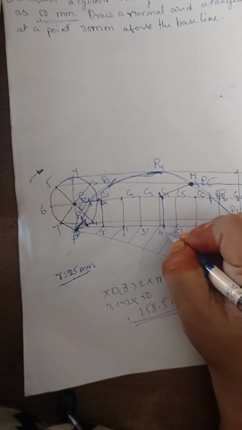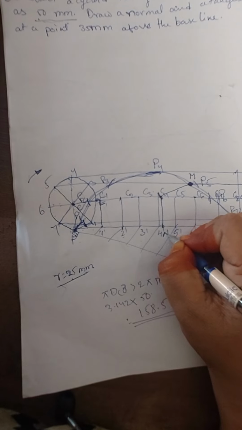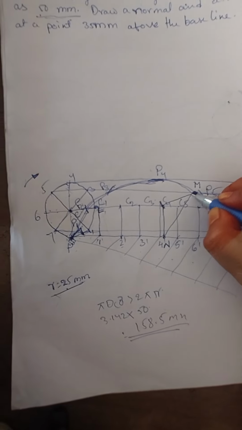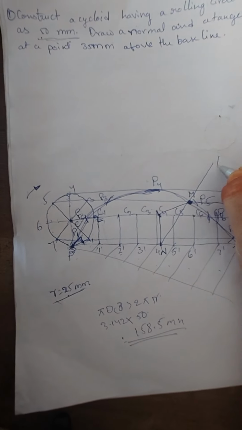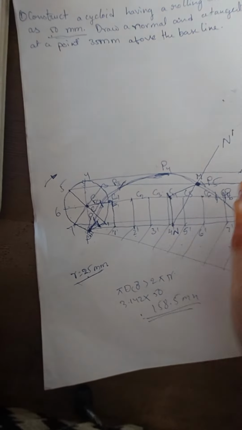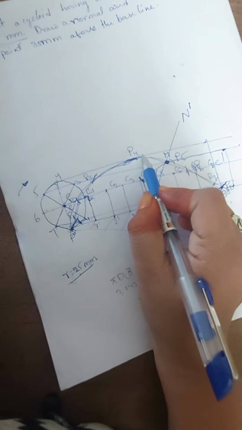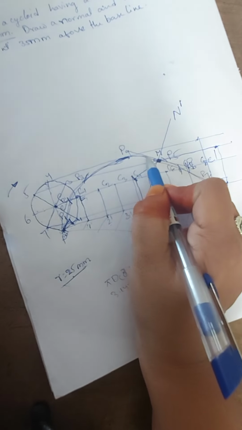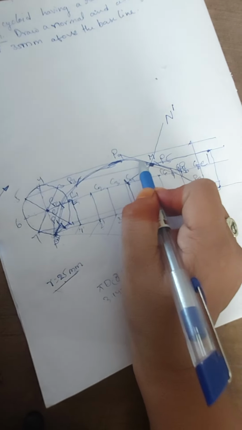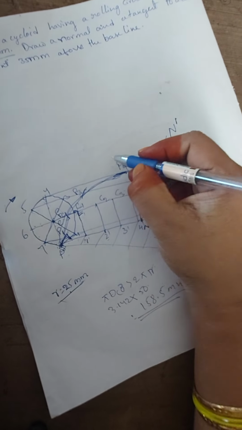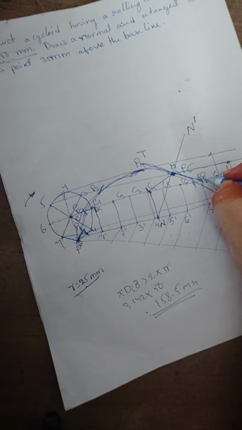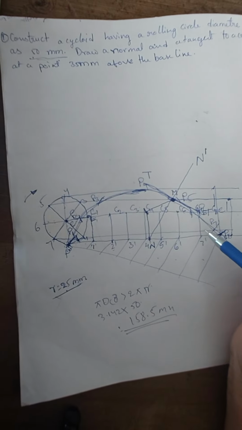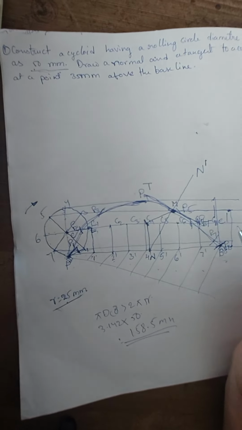Name that point as N on the baseline, and draw a line from N to M and extend it up to a certain length to generate the normal N dash. Draw a perpendicular line at point M on both sides of the line N dash, which gives the tangent T dash. So this is the cycloidal curve with normal and tangent.